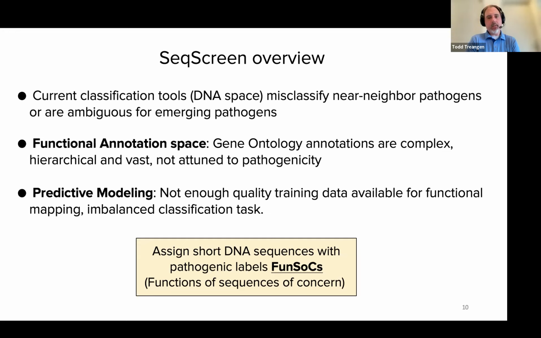And then predictive modeling: how do we predict what this might do? There's just not enough high quality training data available for functional mapping, and it's an imbalanced classification task.